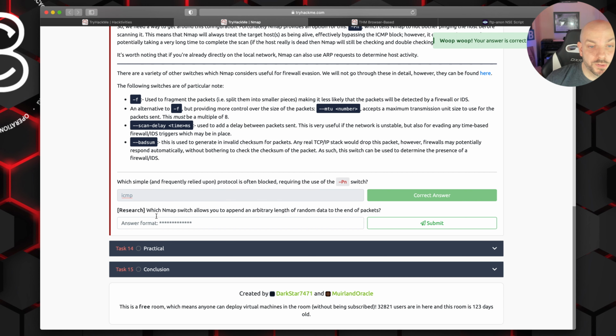Okay. Which Nmap switch allows you to append an arbitrary length of random data to the end of a packet?